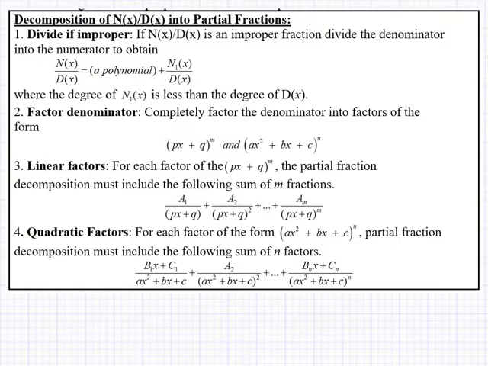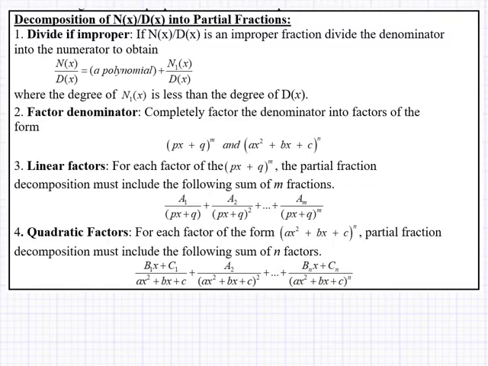So in order to properly do partial fraction decomposition, the first thing you have to make sure you're dealing with is a proper fraction. As far as rational functions go, a proper fraction is when the numerator's degree is smaller than the denominator's degree.